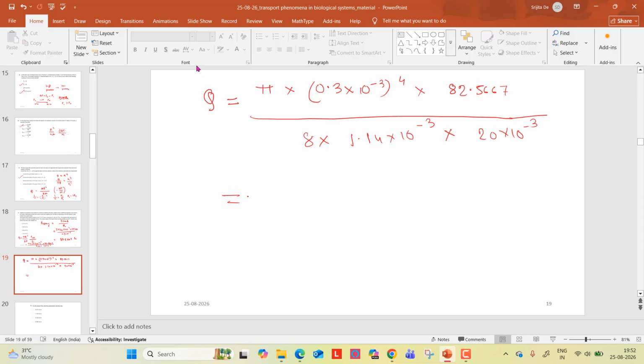Okay, and the top one is coming as 10 to the power minus 12, and this is 10 to the power minus 6.